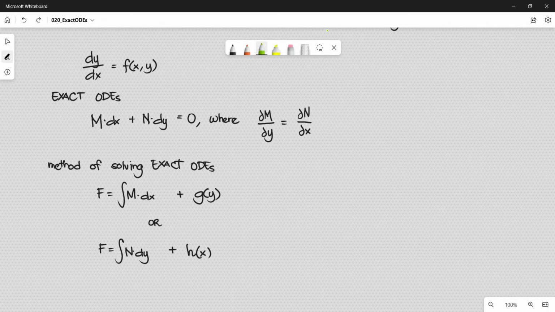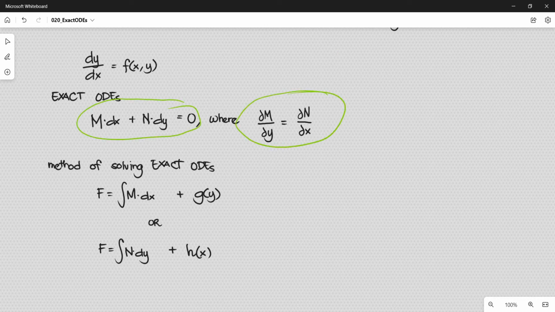So, lahat ng first order ordinary differential equations kayang isulat sa ganitong form. Ngayon, yung mga first order ordinary differential equations na yan, kapag kayang isulat sa ganitong form where true itong condition na to, then meron tayong exact ordinary differential equation.